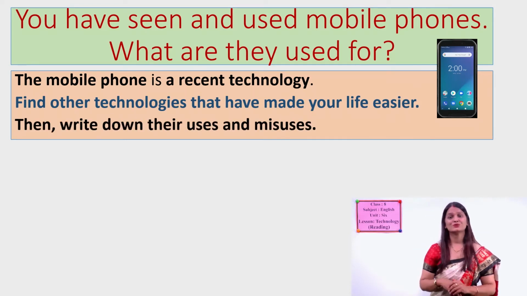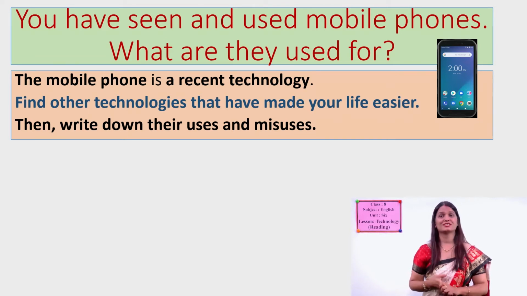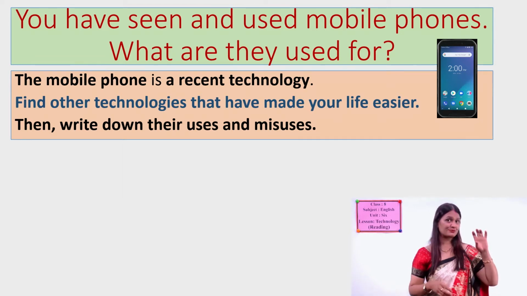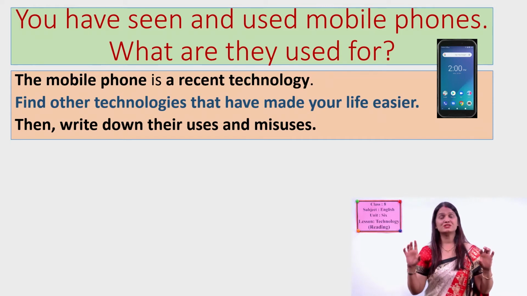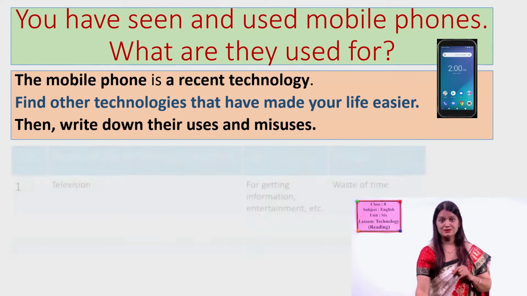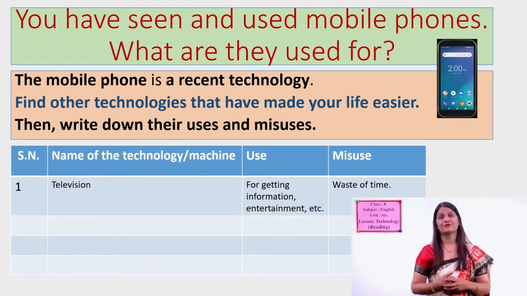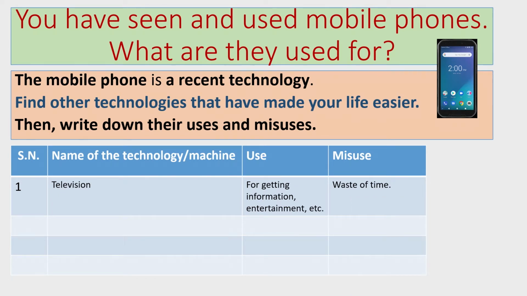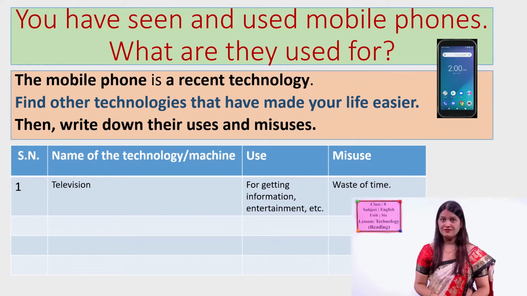So now you have to look at your textbook, and then you have to write uses and misuses of the technologies which made your life easier. Just you can see here, like this type of table is there in your textbook. You see that, and then you do that, okay? I give you 2 minutes. Within 2 minutes, you have to find other technologies that have made your life easier.